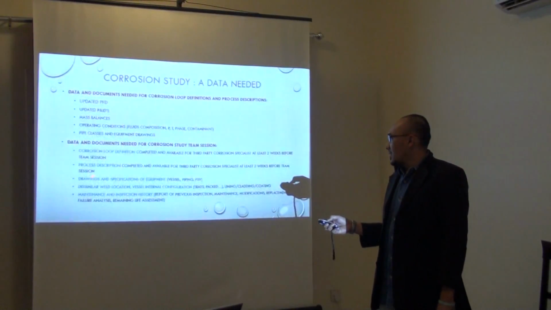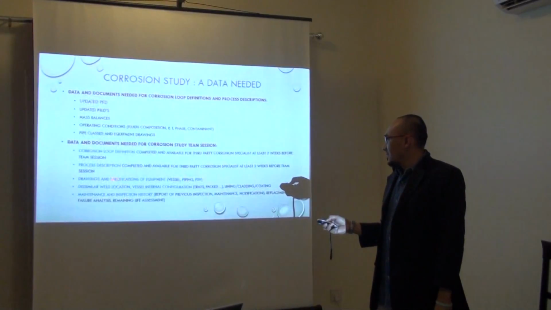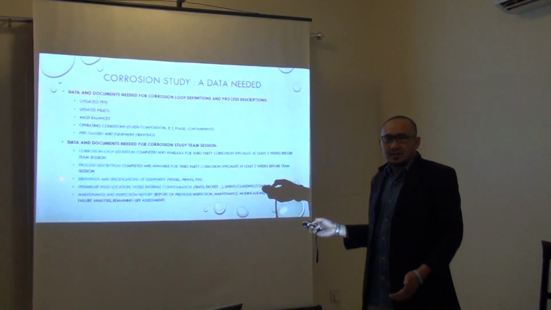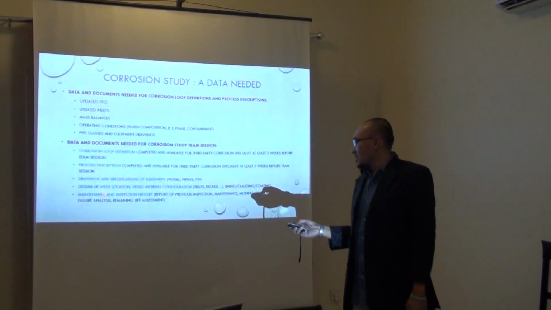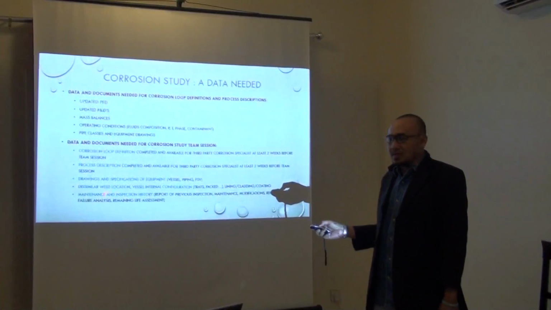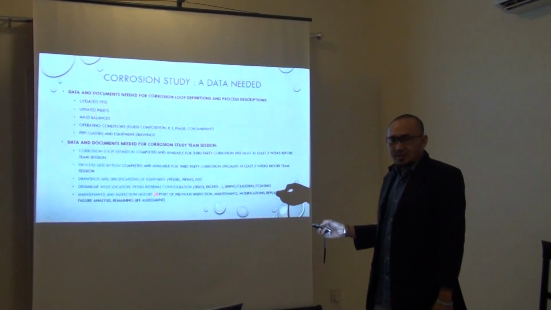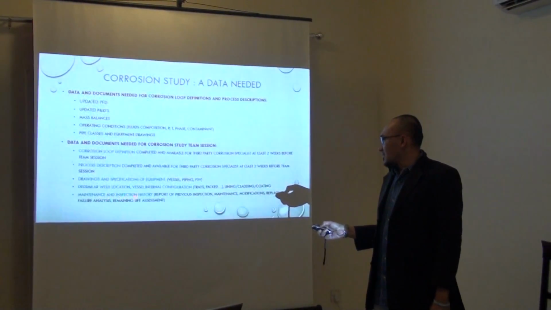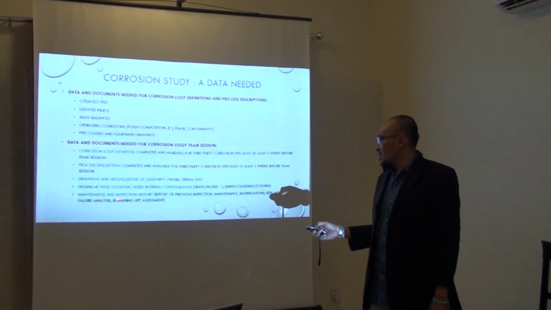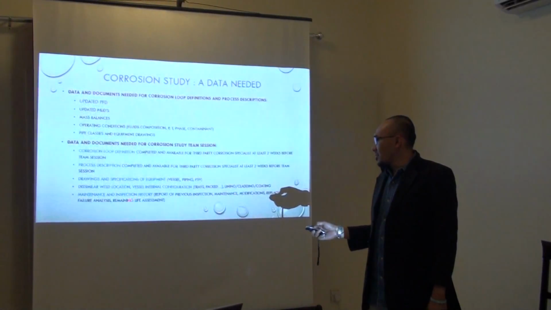From the drawings and specs, for example of the vessel and piping, we can define the design condition, temperature condition, and process condition. And then we can find the location, vessel internal configuration, and the maintenance and inspection program, which will be updated by the inspection group.